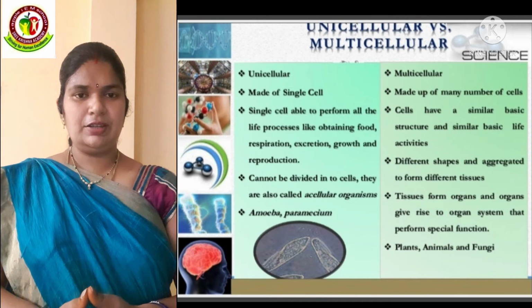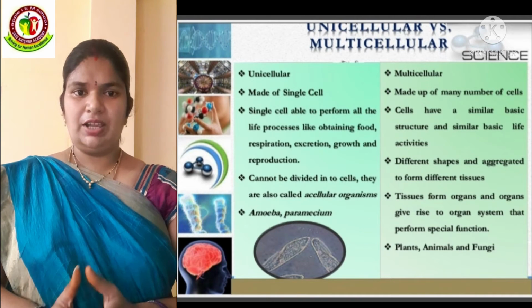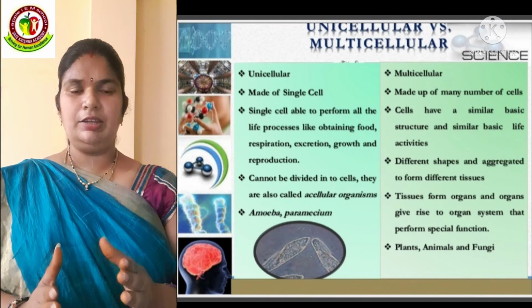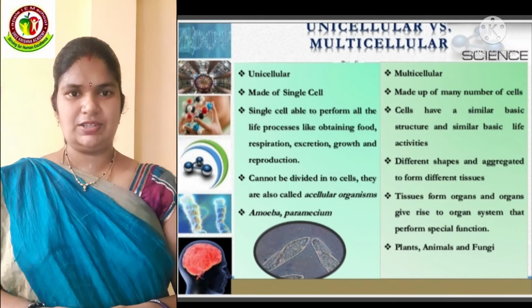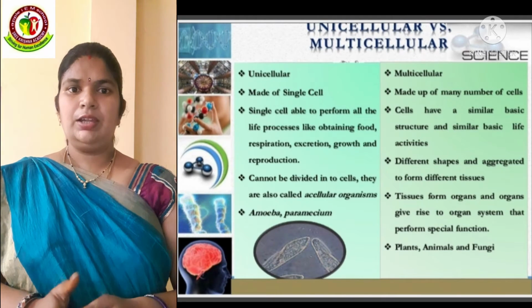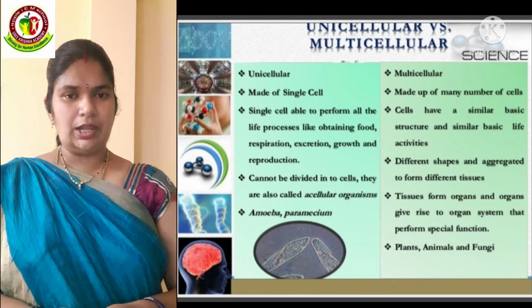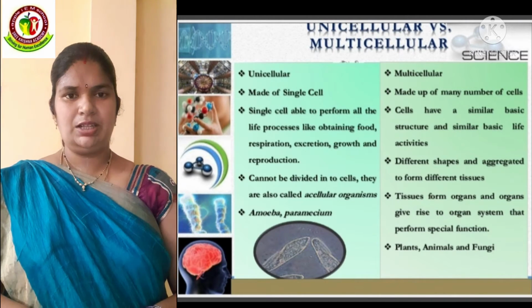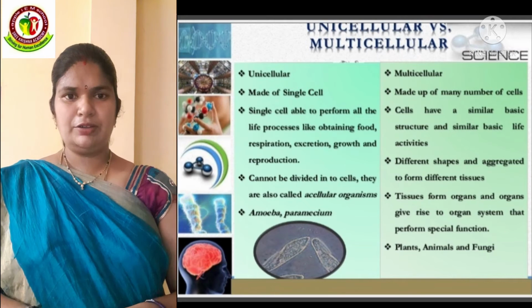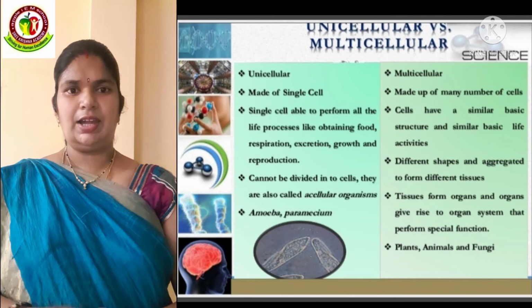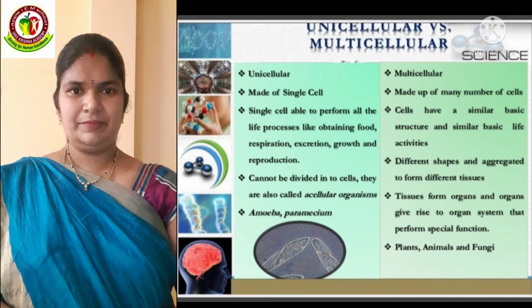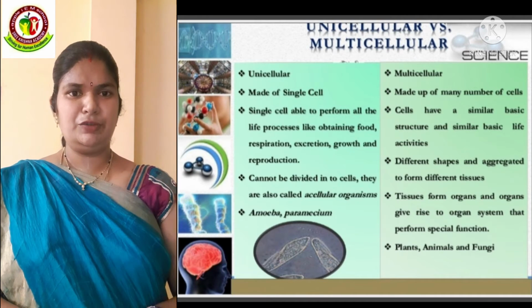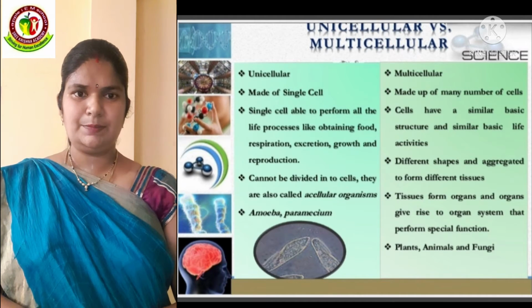Hence, the life processes of multicellular organisms are carried out by different organ systems. Examples of unicellular organisms are amoeba, paramecium, euglena. Examples of multicellular organisms are plants and animals. Did you understand the difference between unicellular and multicellular organisms?